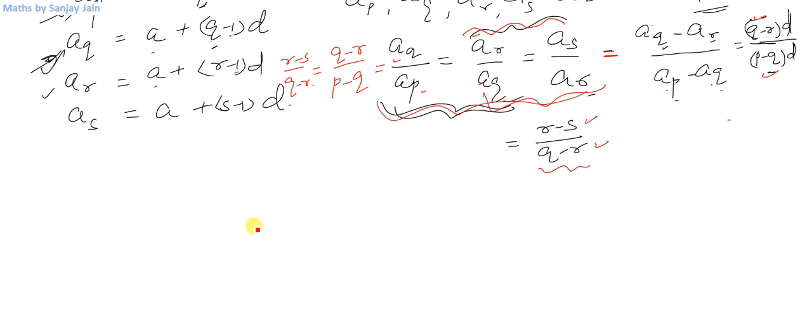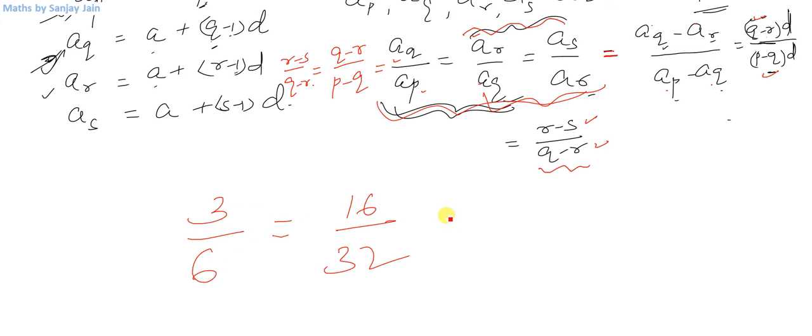Why are these equal? This is a property of ratios. 3 by 6 is equal to, let us take a big number, 16 by 32. Okay, 3 by 6 is equal to 16 by 32 because we know these are equal to 1 by 2, right?